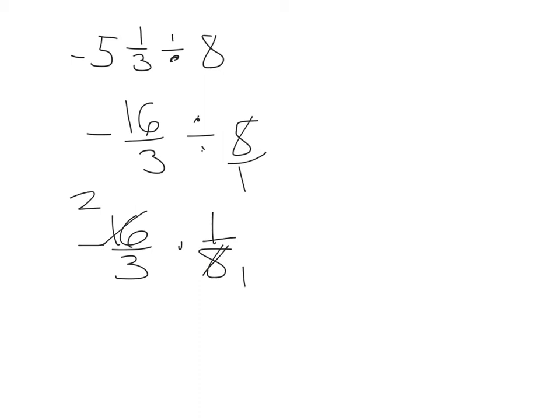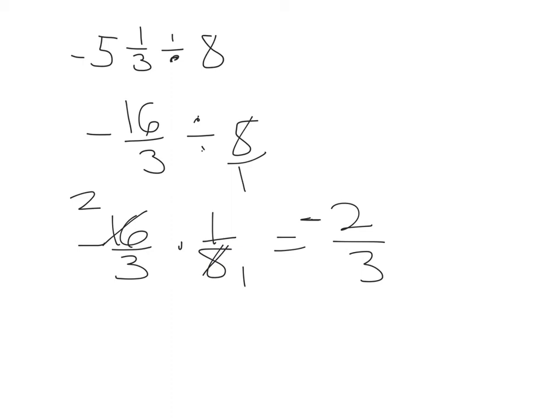So we have 2 times 1, which is 2, and then 3 times 1, which is 3. And because we had a negative divided by a positive number, then that means that the quotient, or the answer, will be negative. So the answer is a negative 2/3.